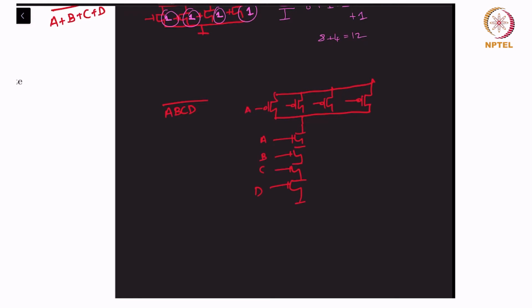Right? A, B, C, D. So now the stack size for the NMOS is 4 because it's a 4 stack. The transistor width has to be 4 times the unit width because it's a 4 stack, and it's a 1 stack on the PMOSes, so you just take the unit width, which is 2. Right?